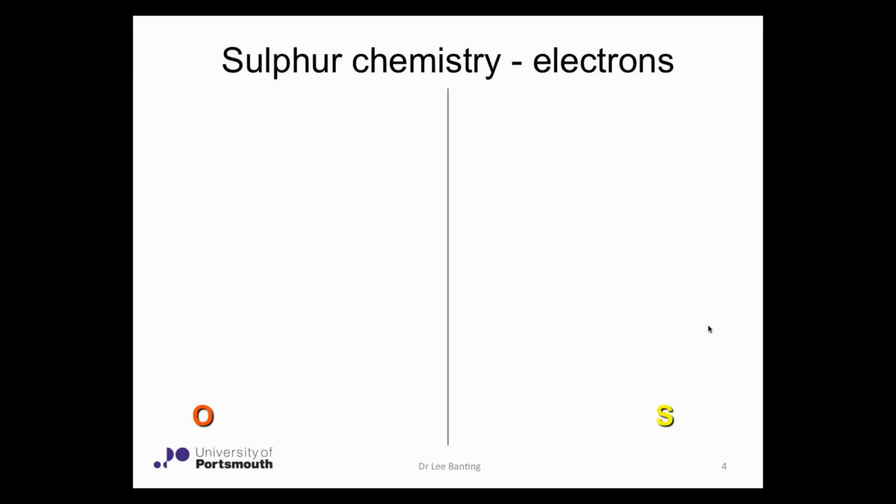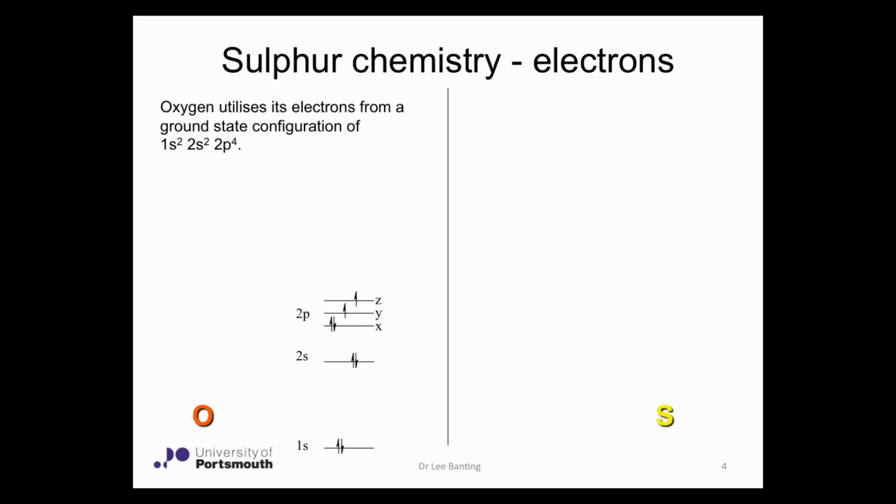Okay, let's take a look at the sulfur chemistry, and to do that we need to consider the electrons that are available in sulfur. Sulfur is in the same group, group 6A, group 16, as oxygen, and oxygen utilizes electrons in the ground state configuration 1s2, 2s2, 2p4 for its covalent bonding.